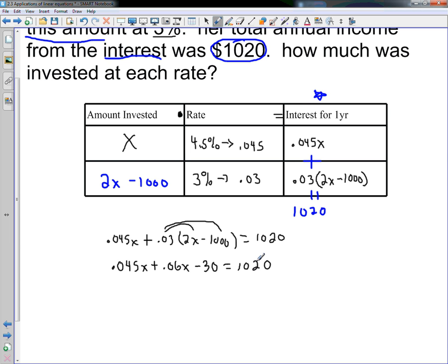Okay, so we've just distributed the 0.03 into the parentheses.